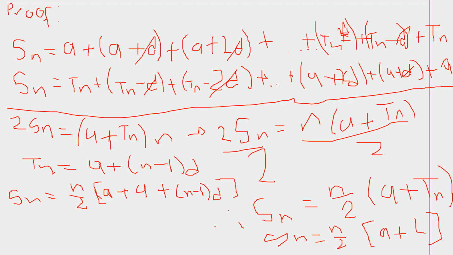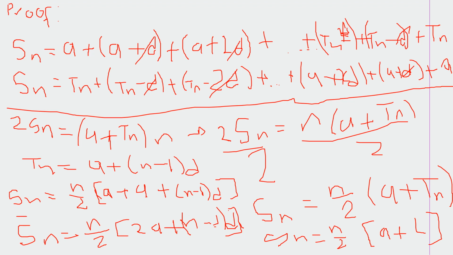Then you close the bracket. So when you simplify further, you get to the equation that I've just shown you in a previous slide, which is the equation of the sum of an arithmetic series. So it's going to be 2a plus n minus 1, let me just write it like this, d here.